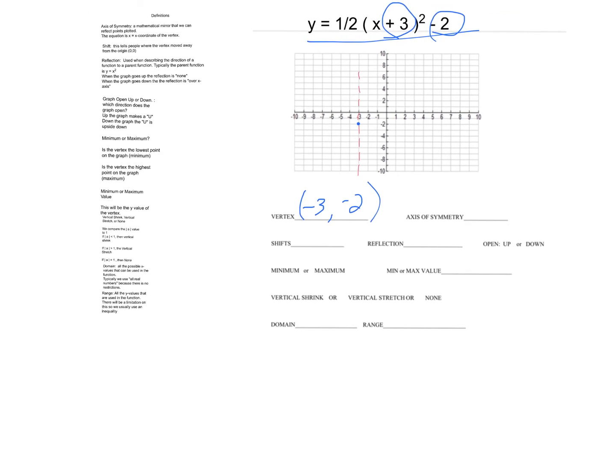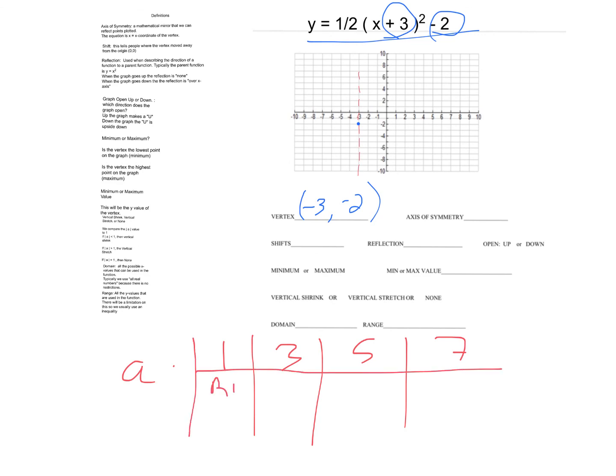Alright. So now we have to figure out how this line moves. We're going to do our 1, 3, 5, 7, a times 1, 3, 5, 7. So right 1, right 1, right 1, right 1. Now my a value in this case is going to be 1/2.